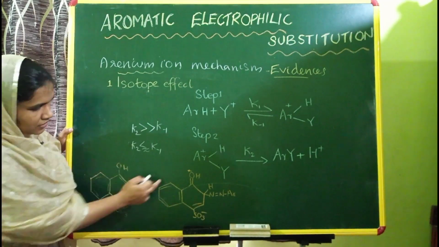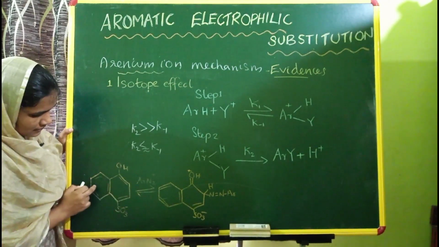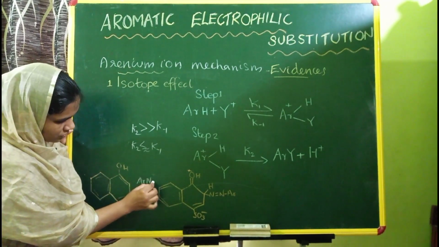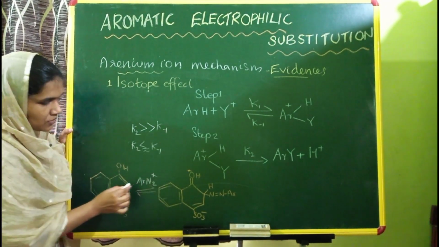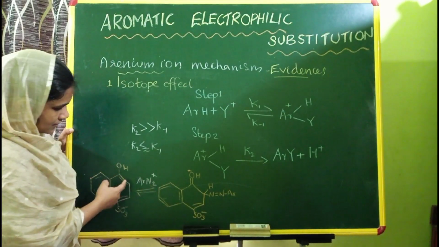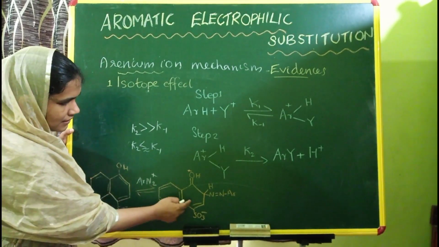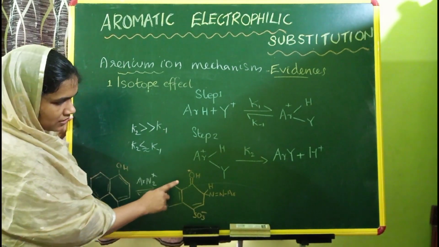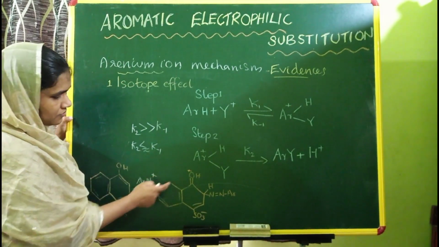Here it is the diazotization reaction of this compound. ArN2+ is our electrophile. It attacks over here and the arenium ion is formed. This arenium ion is resonance stabilized, and one of the intermediates is here.